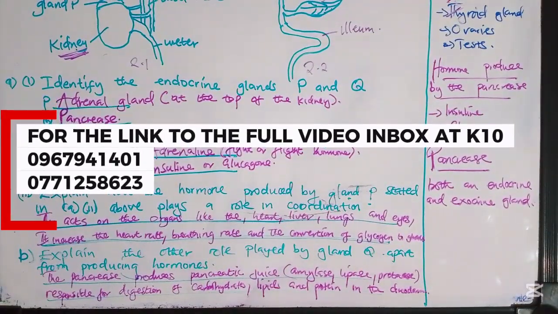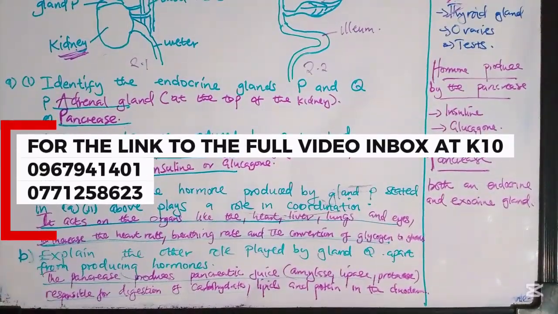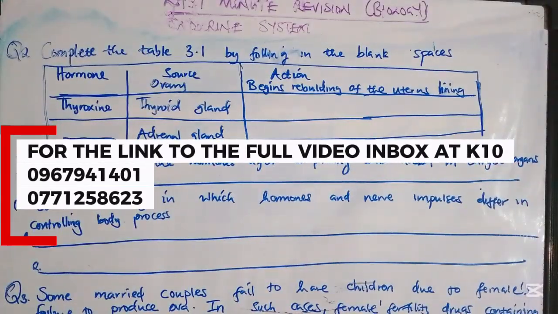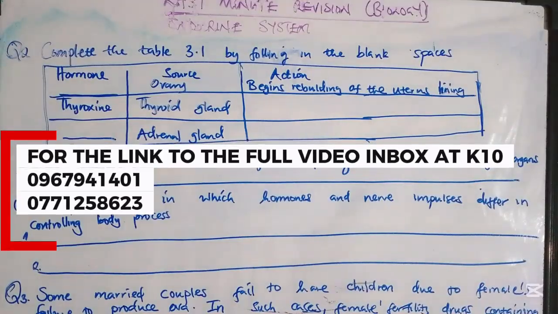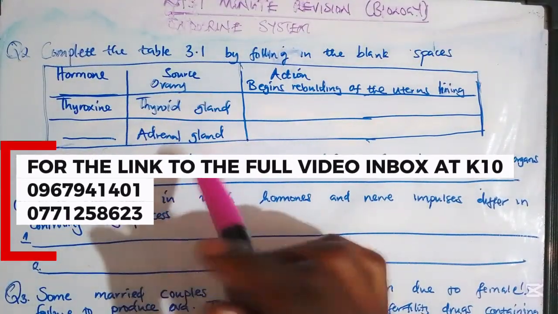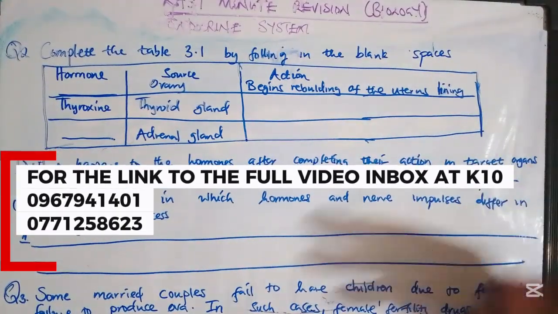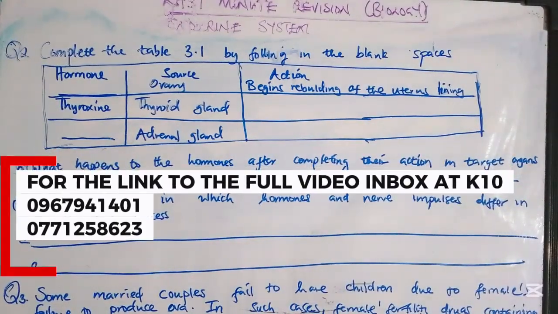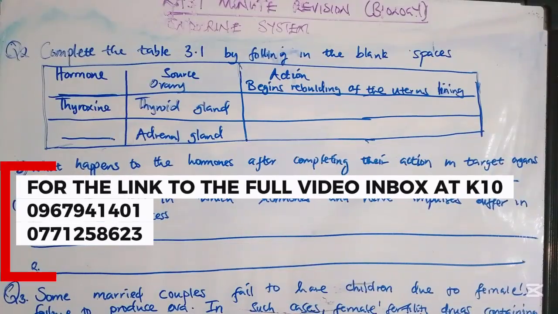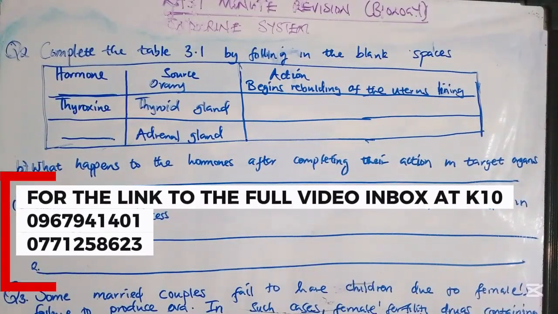Moving on to our second question. Question 3 says complete table 3.1 by filling in the blank spaces. This is how you should be expecting questions on the endocrine system.